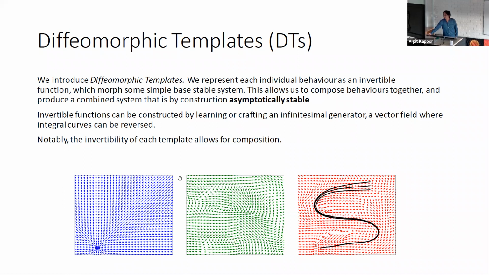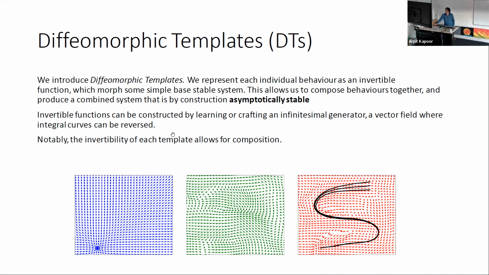And then we learn this infinitesimal generator, and basically we can use this to morph this intuitively. And you can get a vector field that looks like this. And the stability properties are maintained.